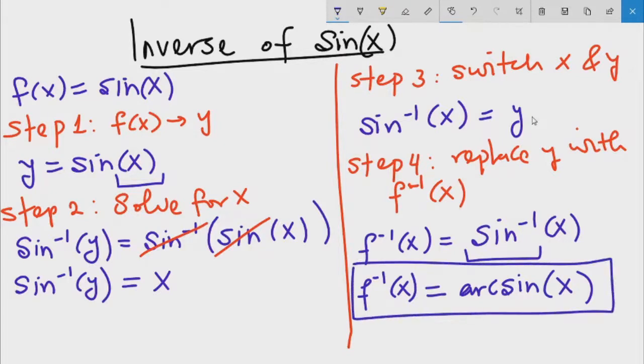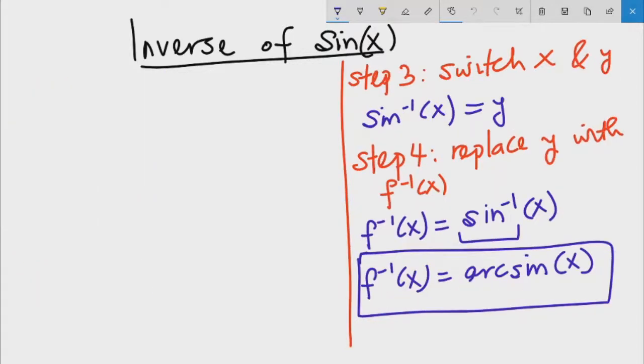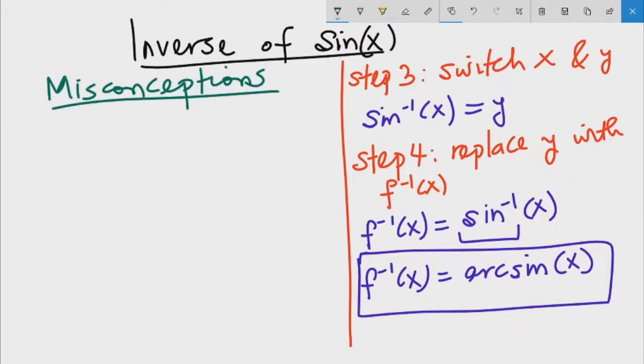I want to quickly point out that there could be misconceptions or misunderstanding when we are discussing the reciprocal of trigonometric functions. The first misconception is to think that the arc sine of x is equal to 1 over sine of x. This is not true, okay?